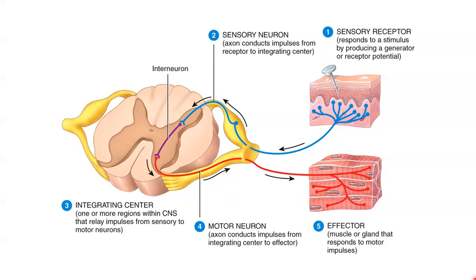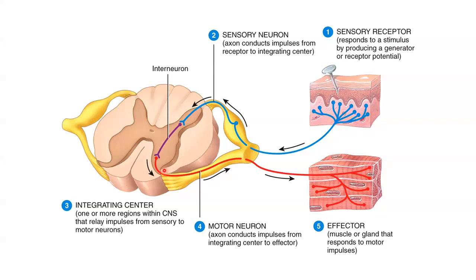So a typical reflex arc will consist of a sensory receptor, which responds to a particular stimulus, a sensory neuron, which conducts that information towards the integrating centre, the integrating centre, which will sit within the spinal cord. Now that can be an interneuron, like we've got here. So an interneuron is just the neuron in between a sensory neuron and a motor neuron.